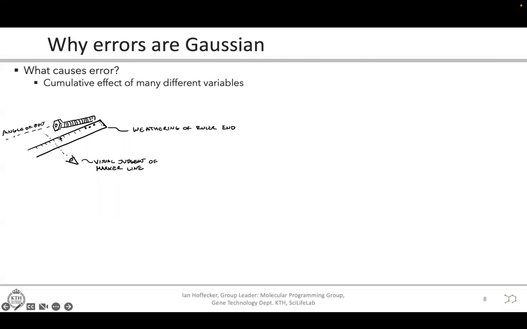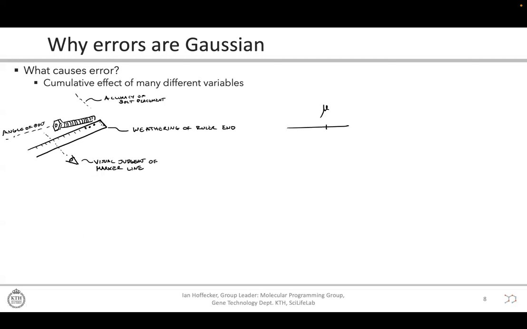Our visual judgment of the line marker might be off a bit. And there's kind of an infinite number of tiny little sources of error that could contribute to us being closer or further away from the true, theoretical or ideal measurement of this object.